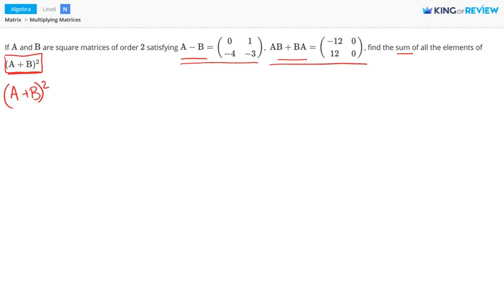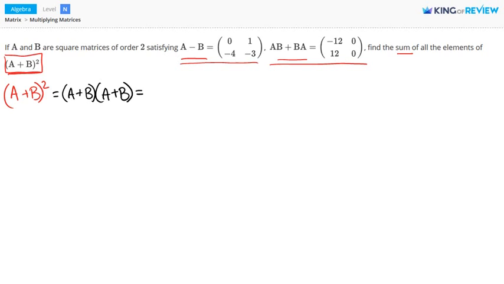So let's expand this. (a+b)² is the same thing as (a+b) times itself. If we want to expand this, we can use the FOIL method to multiply these terms out.